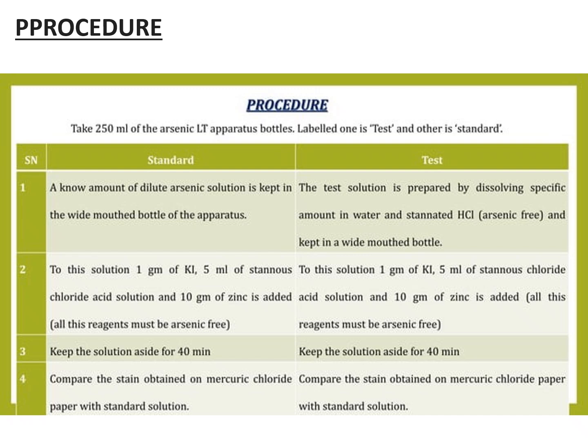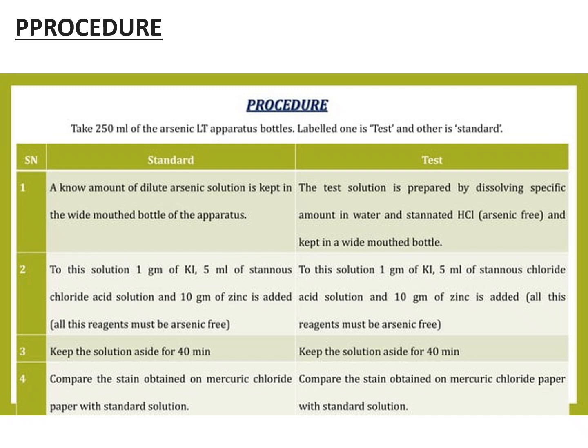In the test apparatus, the test solution is prepared by dissolving the specific amount of sample in water and stannated hydrochloric acid and keeping it in the wide mouth bottle. All the reagents we are using for this procedure must be arsenic free.